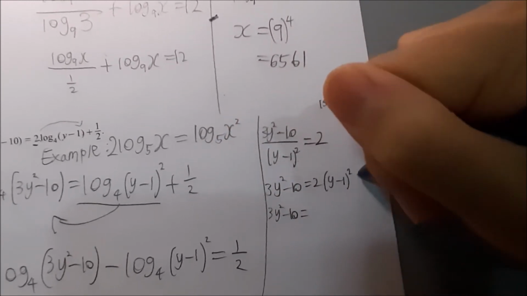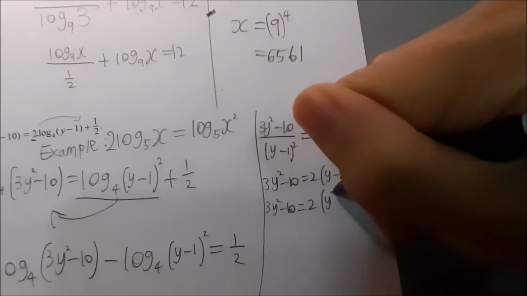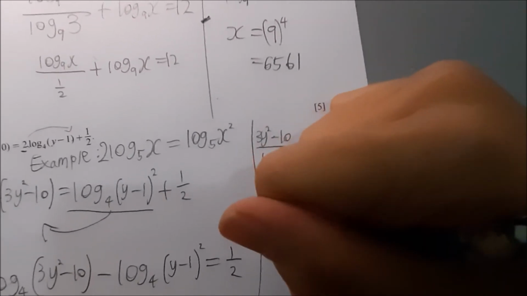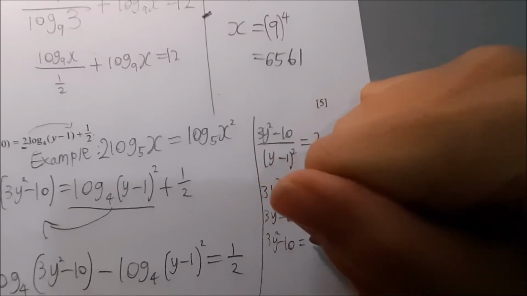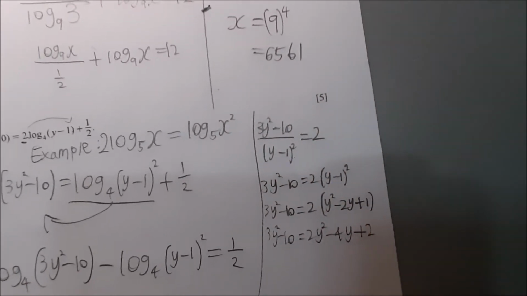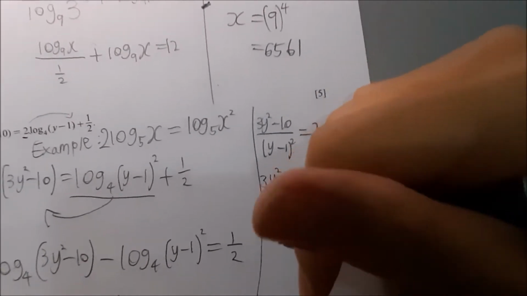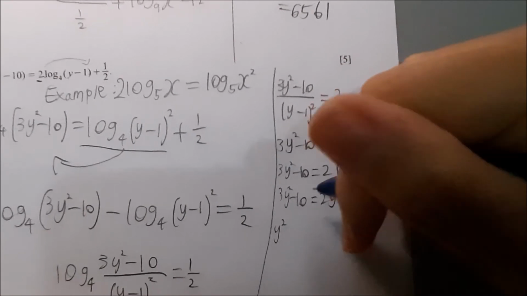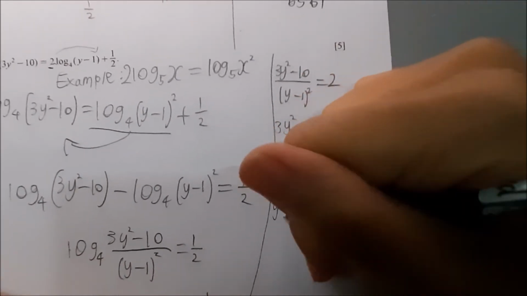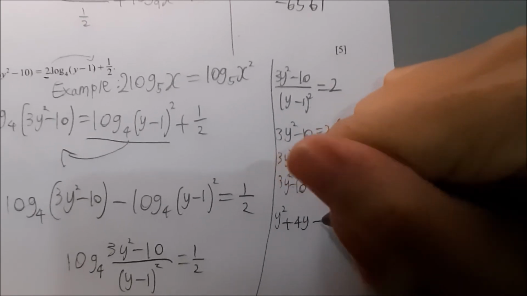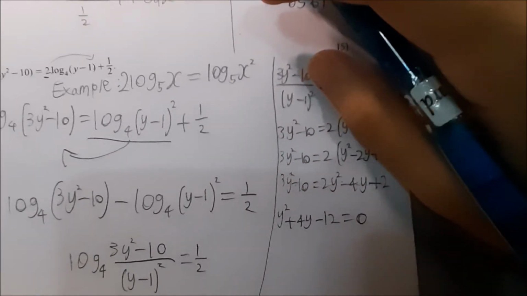So after that, you expand this equation so that it becomes y squared minus 2y plus 1, and then you can expand that. It becomes like this, and then if you simplify all this, it will become 3 minus 2, which is y squared. We'll move 4y to the other side, it becomes positive 4y minus 10 minus 2 minus 12 equals to 0.